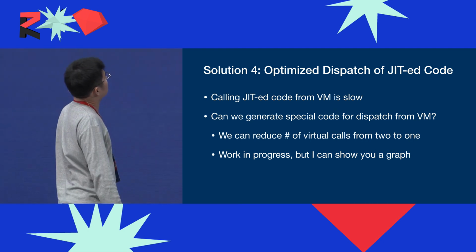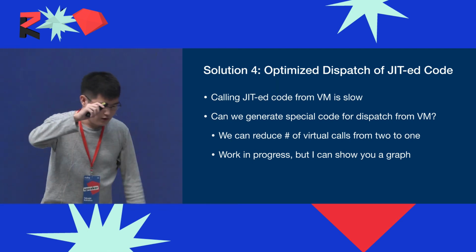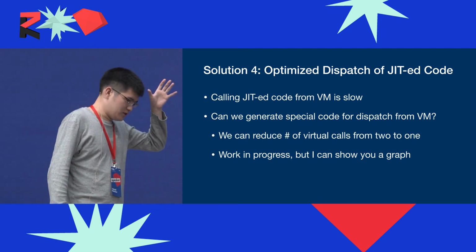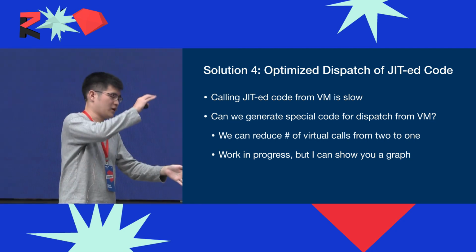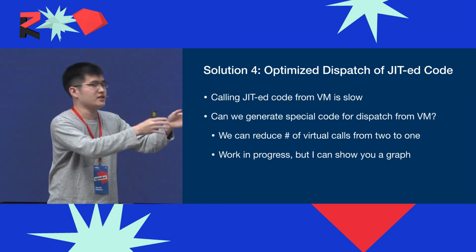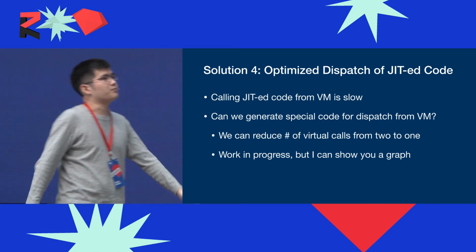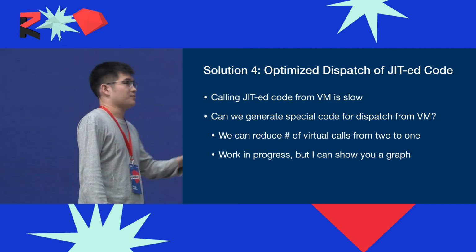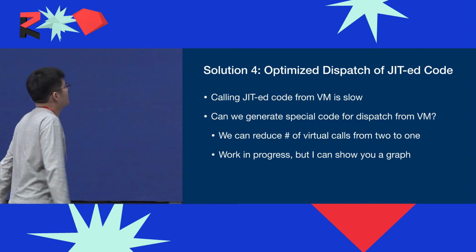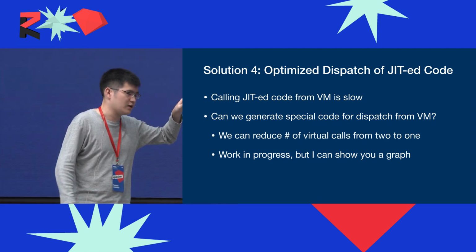Calling the JIT code is slower when it's called from the virtual machine, because when JIT code is dispatched, it needs to load the Ruby code representation, called the instruction sequence, into memory, and also native code for dealing with that virtual machine. That just increases the number of memory accesses, so this becomes slower when JIT is enabled.